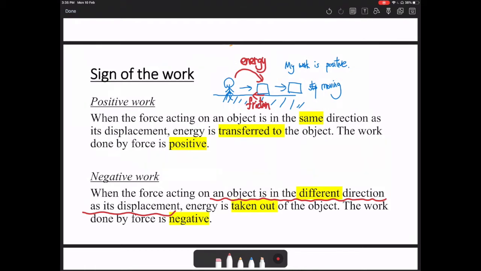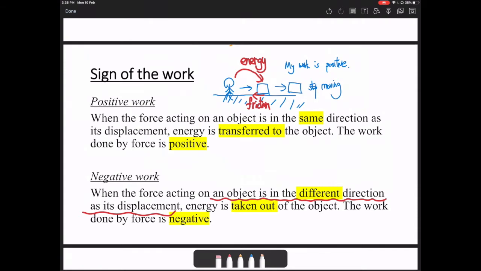Now this force is also acting on the object, I mean this friction. And we examine this force. The direction of friction and the direction of its displacement, they are opposite, right? The direction of friction is to the left and the movement is to the right. In this case, we say the work done by force is negative.